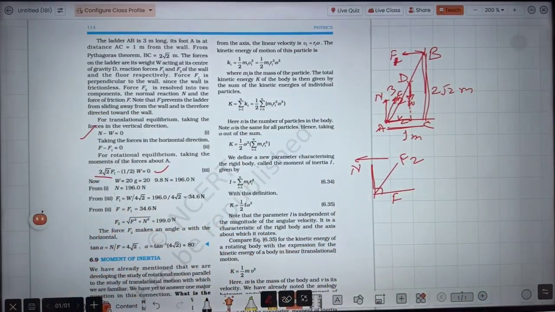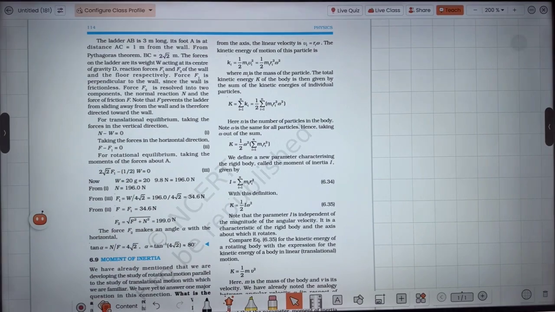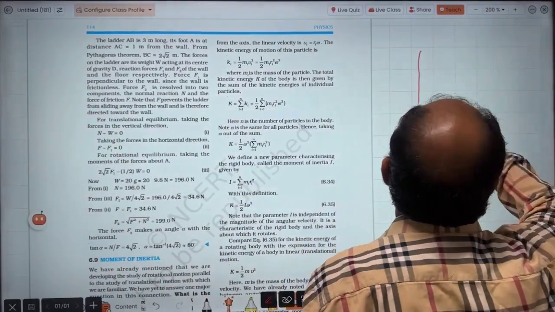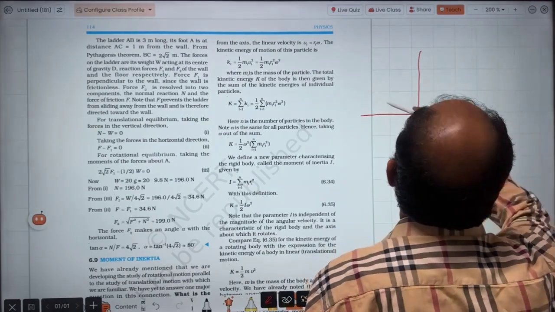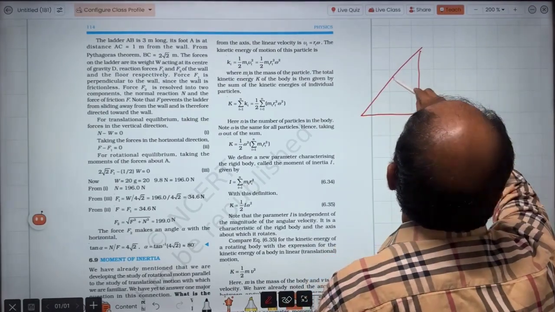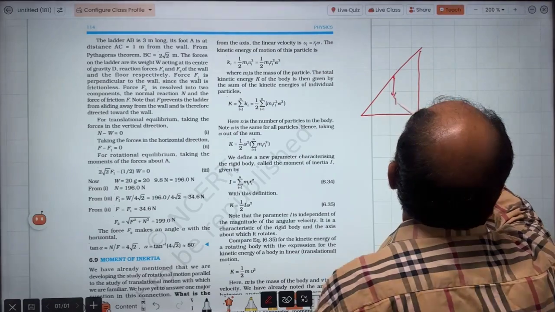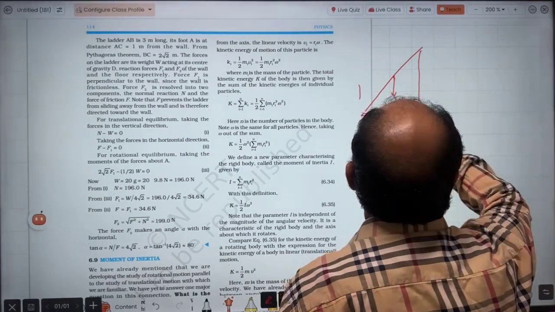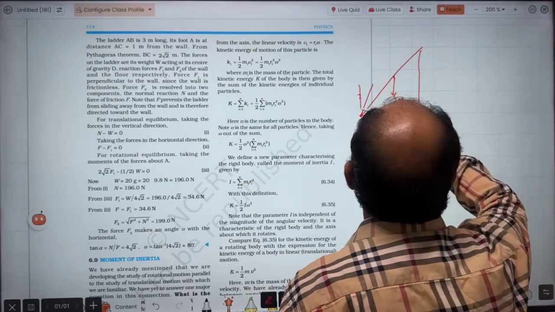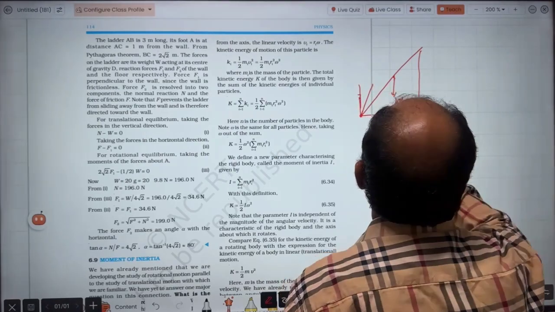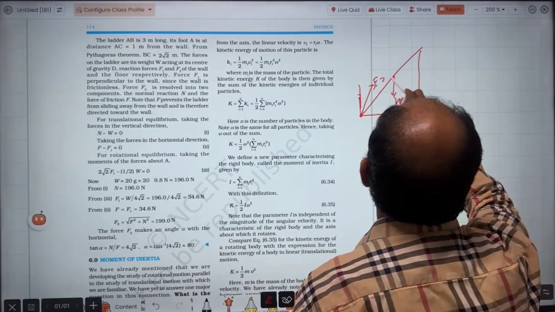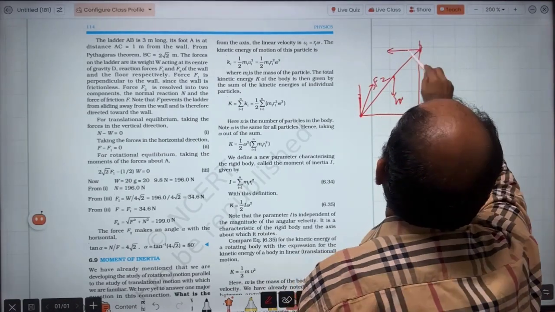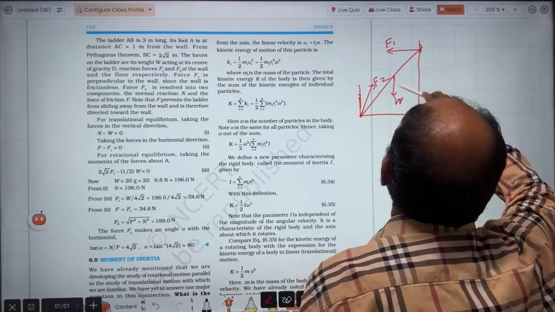Once again, if you wish, I can explain to you the situation, what is happening. So the situation is simple. This is the ladder, this is its midpoint, its weight will act in the downward direction. Here there will be one force in this direction, say this is F2, and there is a normal reaction, so that will be F1.